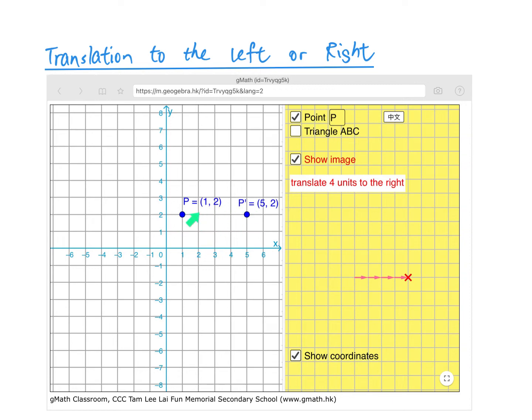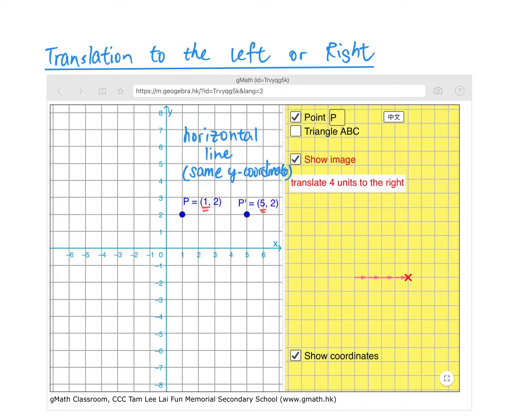And now, please take a look. When we join the point P and P prime, can't you see it is a horizontal line? And for the horizontal line, they have the same y coordinate, but a difference in the x coordinate.